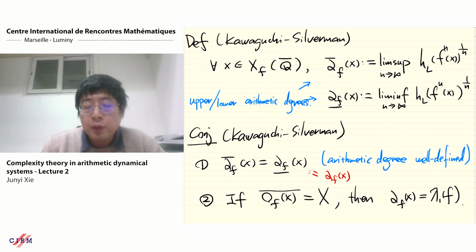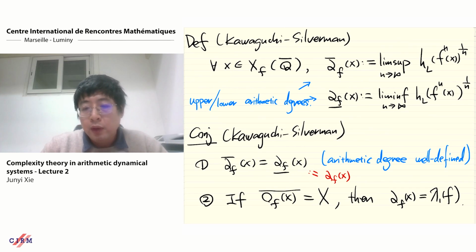Once you can show the upper and the lower arithmetic degree are the same, then you just write alpha_f(x) for this arithmetic degree. And the second part says that if the orbit of x is Zariski dense, then the arithmetic degree equals the first dynamical degree.